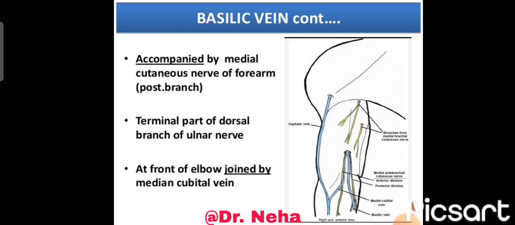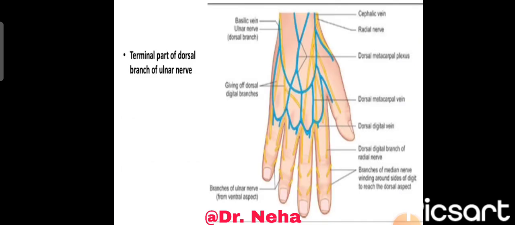This basilic vein is accompanied by medial cutaneous nerve of the forearm and the terminal branch of the ulnar nerve, that is the dorsal branch of the ulnar nerve. At front of the elbow it is again continued with the cephalic vein through median cubital vein.